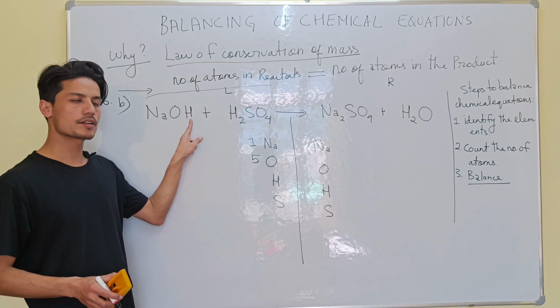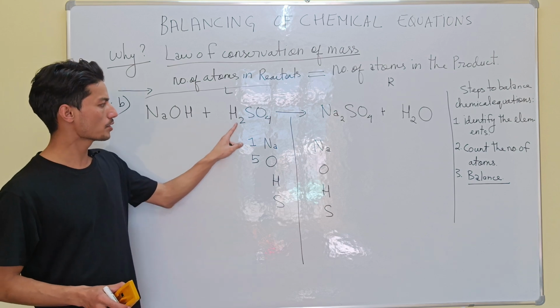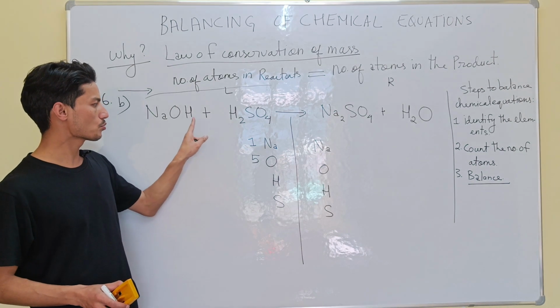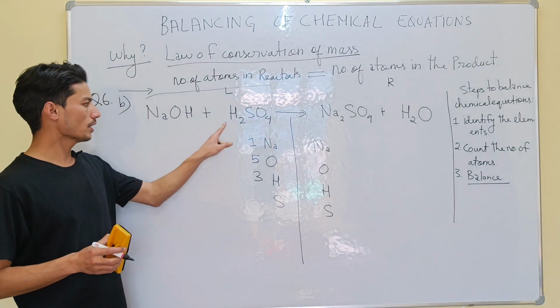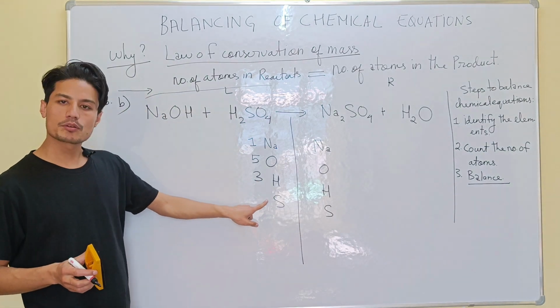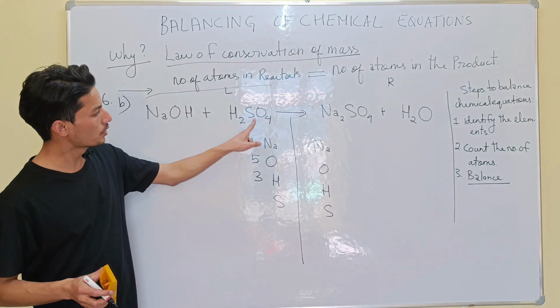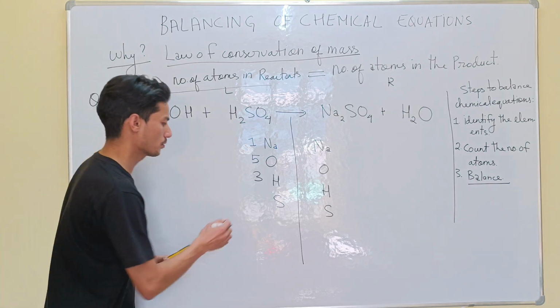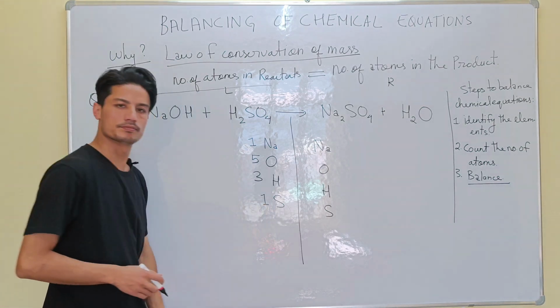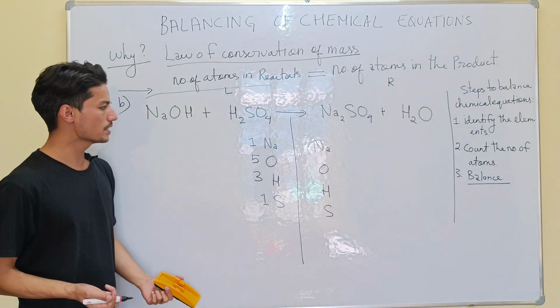How many hydrogens here? 1. Then how many hydrogens here? 2. 2 plus 1 gives you 3. So we have 3 hydrogen. Then we have the sulfur atom to count. Do you see any number below sulfur? No. No means 1. So there is only 1 sulfur atom. See, it's easy, na?